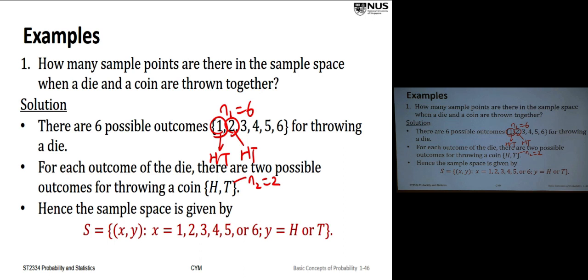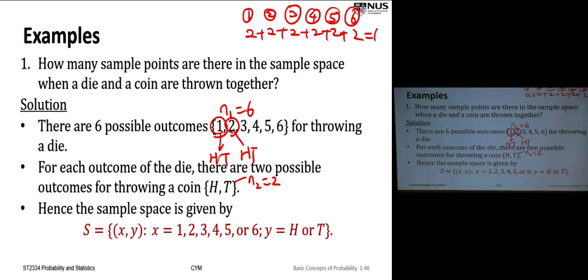The die has outcome 3, we also have 2; 4, 2; 5, 2; 6, also 2. We add all this together.